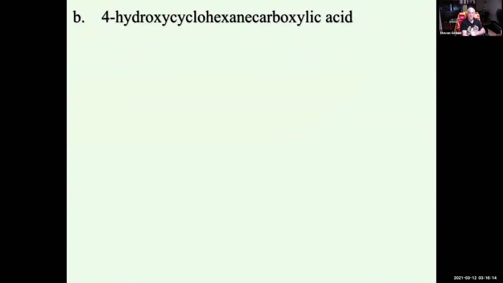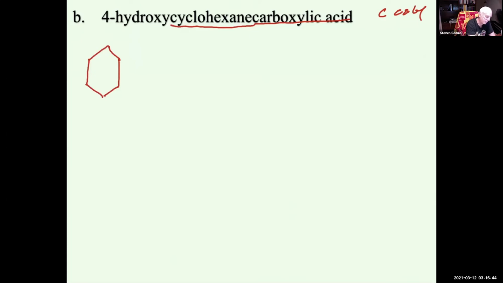Okay. 4-hydroxy cyclohexane carboxylic acid. Okay. Again, it's a carboxylic acid, so you know there's going to be a COOH group. That's your carboxylic acid. And this is a cyclohexane, which means 6 carbons in a ring structure. Okay, so there's your cyclohexane, and then carboxylic acid.